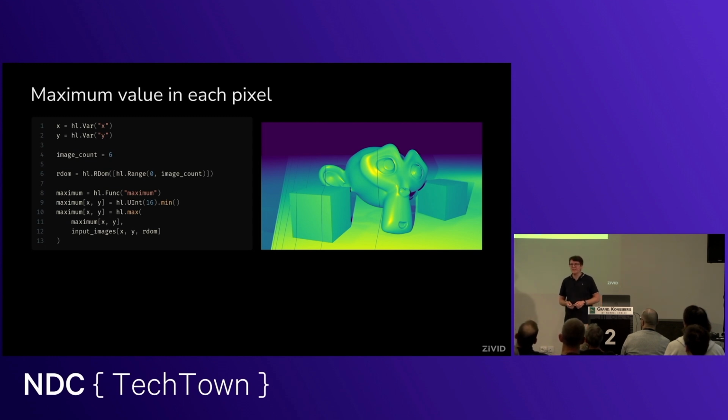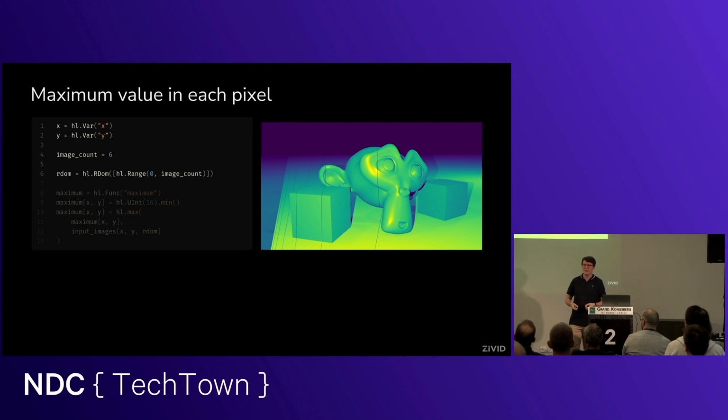So let's compute the maximum value in each pixel. Again, we define these vars, the image coordinates, x and y. In this case, I know we're just going to work with 6 images, so I'm just going to make that a static value at 6. And then I need to define a reduction domain because we want to calculate the maximum value.